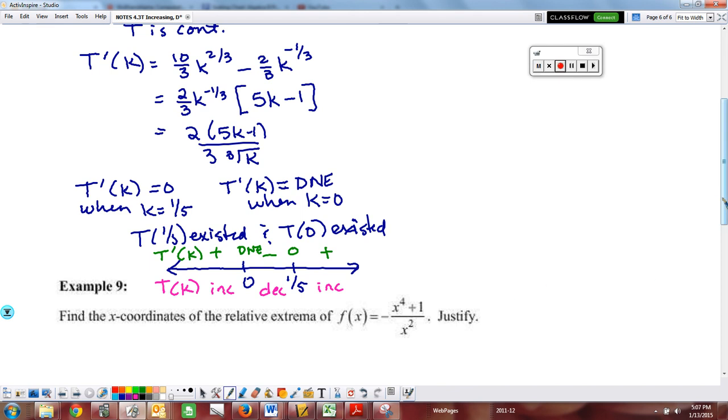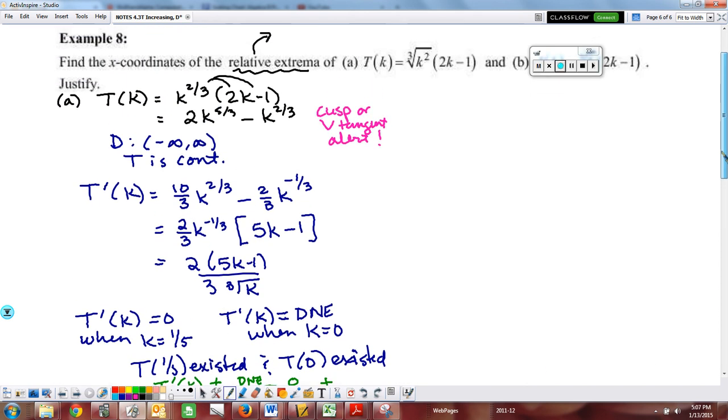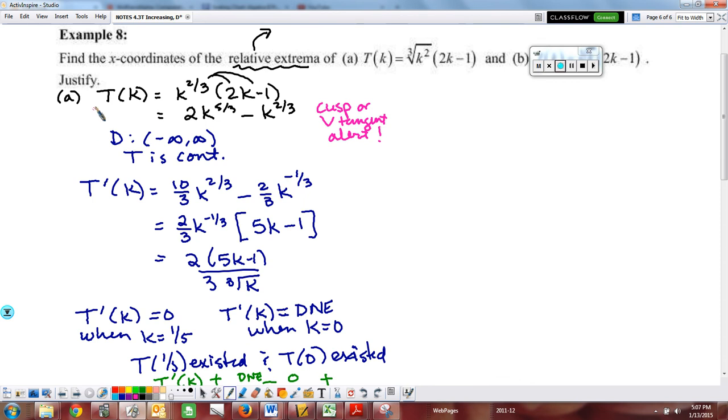Now, my reasoning, so remember your sign chart is not used to answer the question. It said find the x coordinates of the relative extrema.